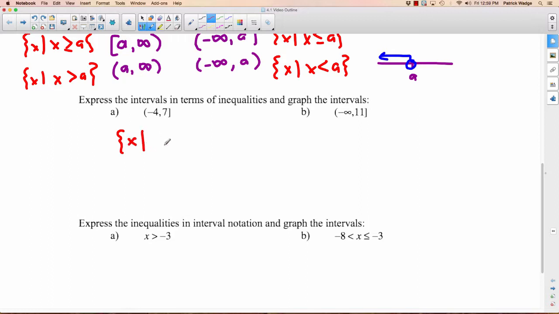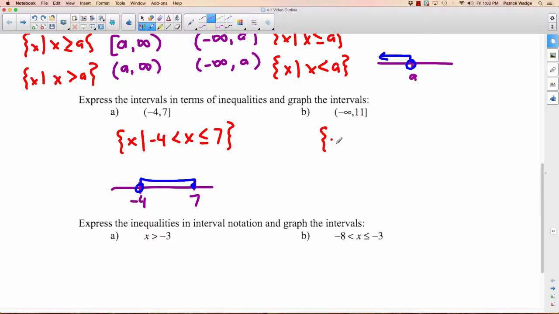And we're going from -4 less than x, not inclusive, and x less than or equal to 7, and then close your set. To graph that, you'd put those two numbers, -4 and 7. On the -4 you need an open dot, on the 7 you need a closed dot, and it goes between them.